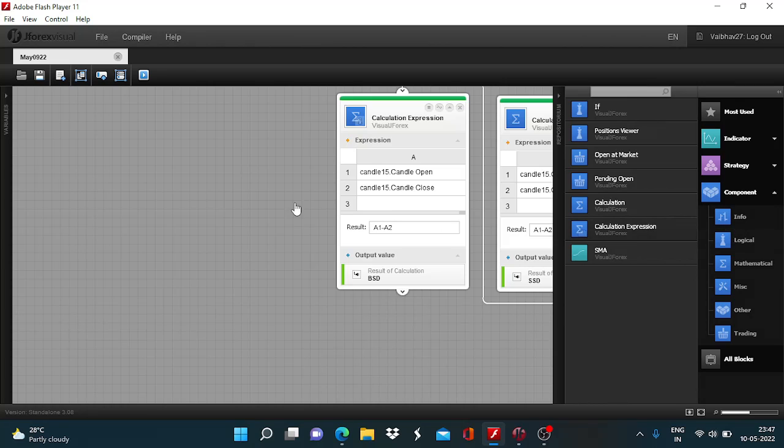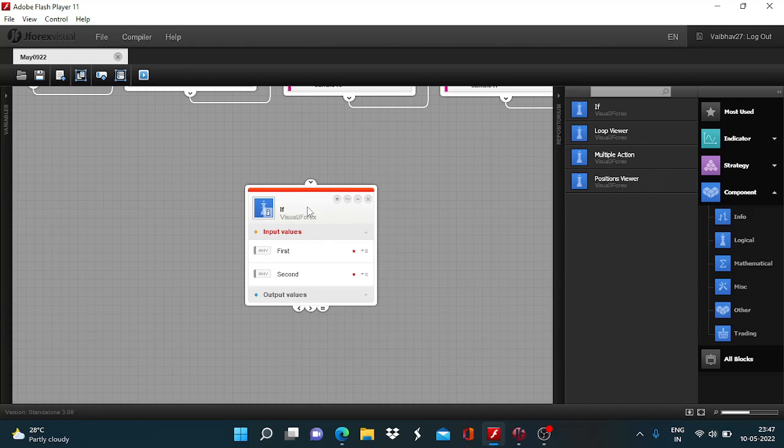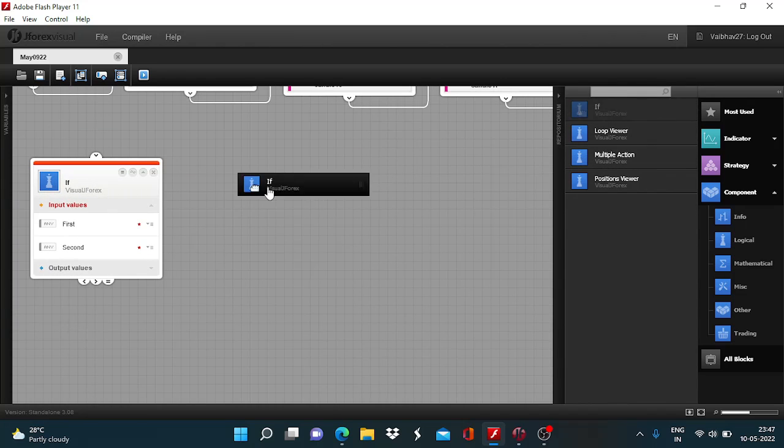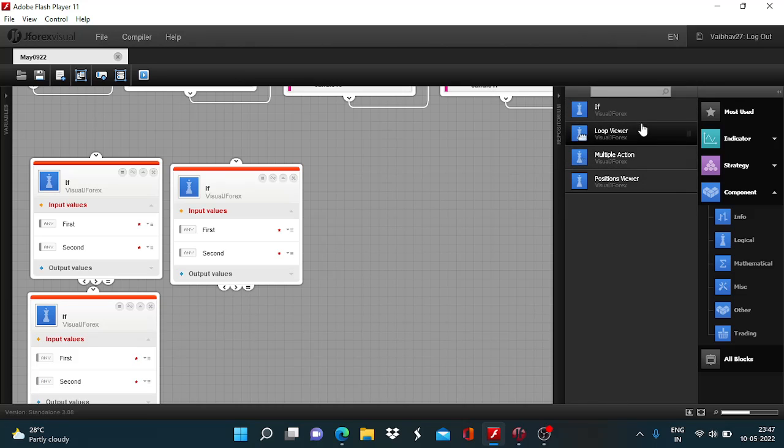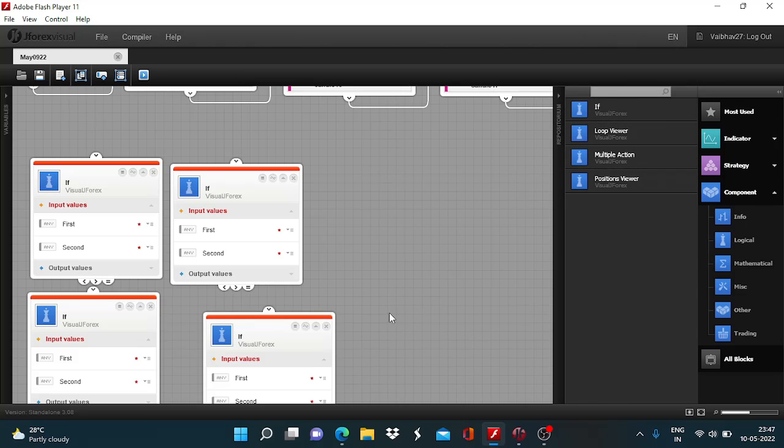We will first define the conditions, and as we need to define certain variables, we will bring in the calculation expression block as and when needed.